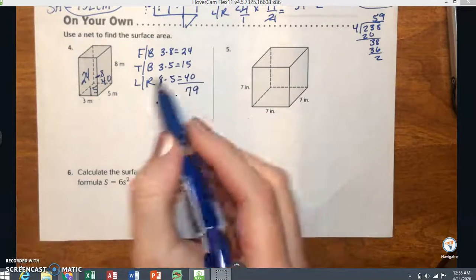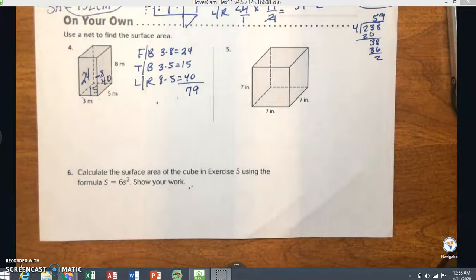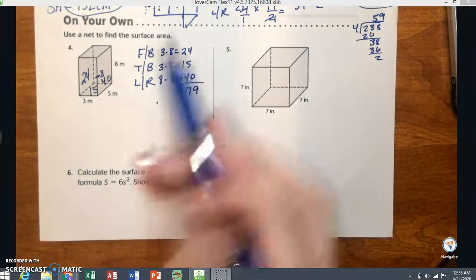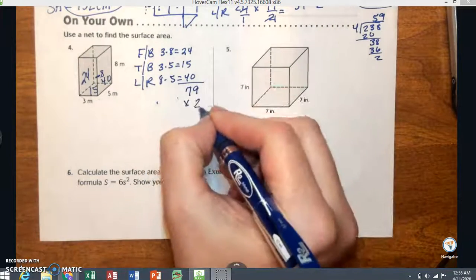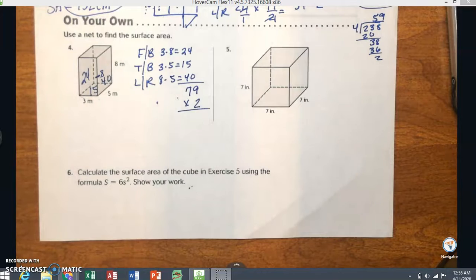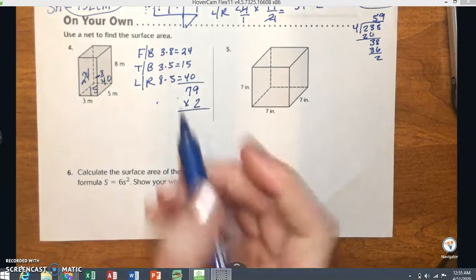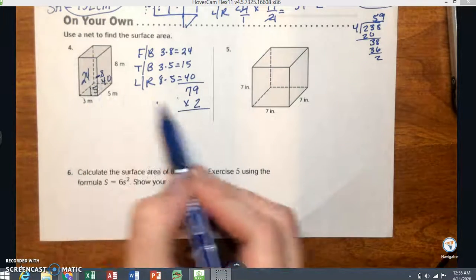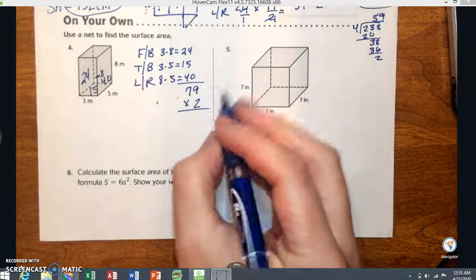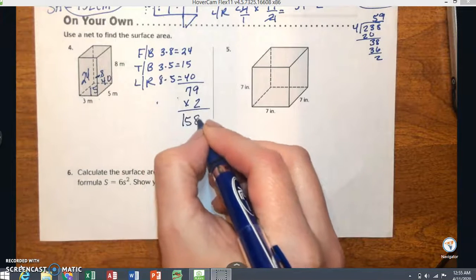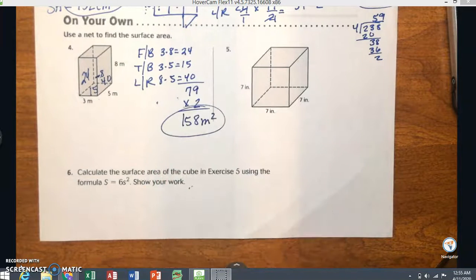Get 79. Now that only takes care of 1/2 of this, so we need to double it to take care of the other half. And what I mean is, this only takes care of the part we can see. We're not taking care of the parts we can't see. So when we multiply that, we get 158 meters squared.